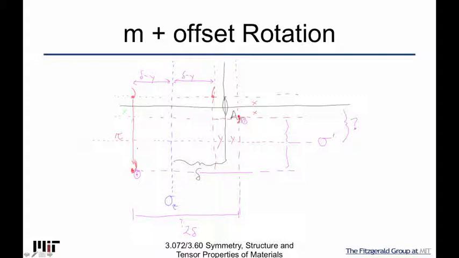So this distance that gets bisected is tau minus x. Oh, I'm sorry, I forgot this x here.